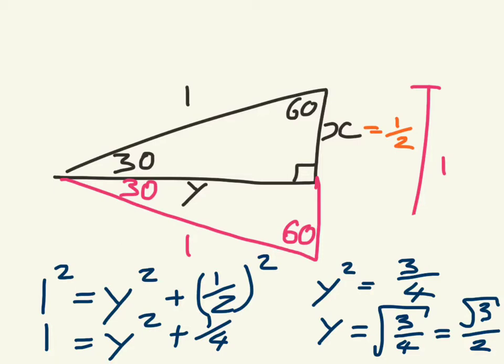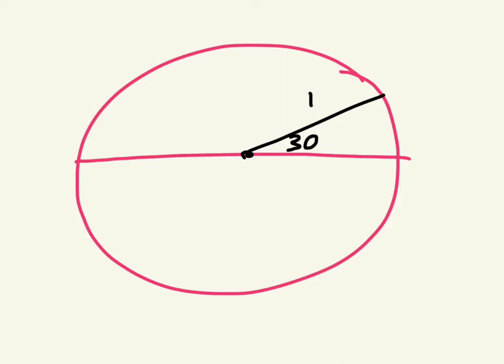So let's see what this all looks like in a circle. So we have our circle. We can think of this as level ground. Our center. If we draw that radius out at 1, that's our 30-degree angle.